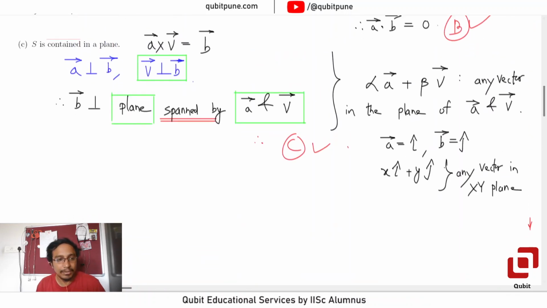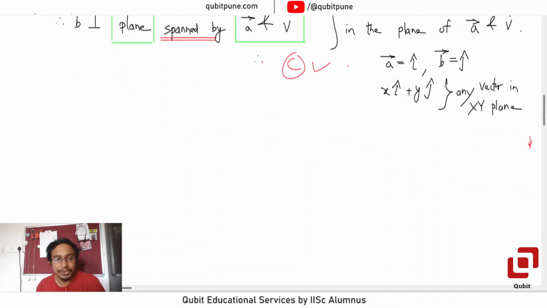Let's try to argue using the counter way, also known as reductio ad absurdum.